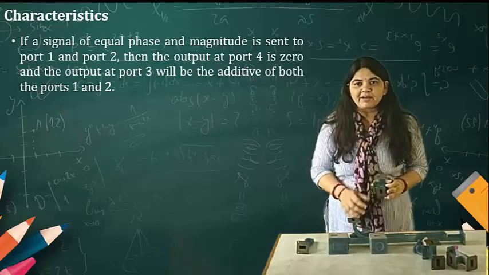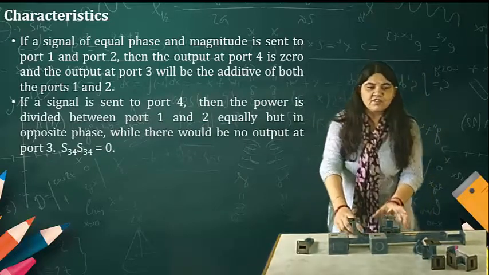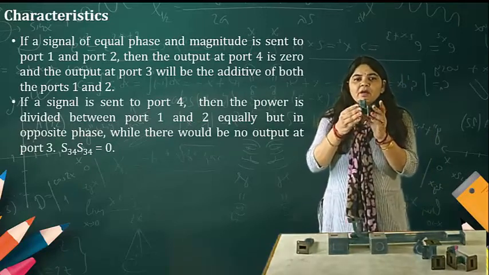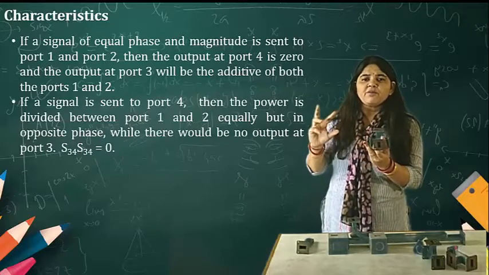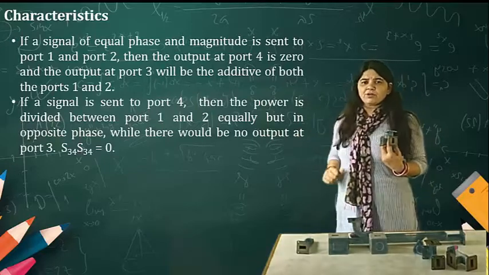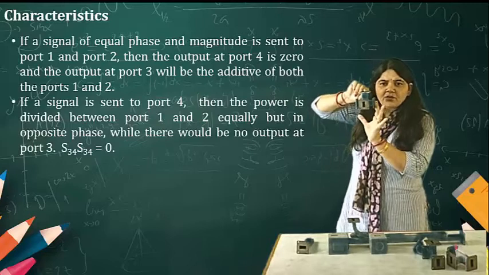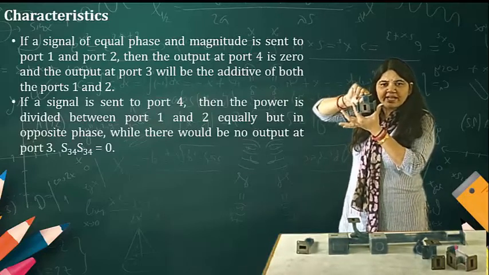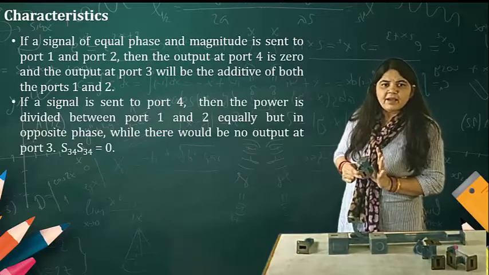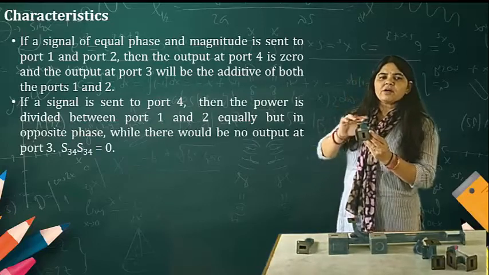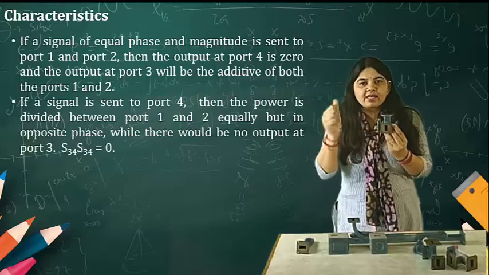If a signal is sent to port number 4, the power is divided. In the H plane T, if you apply the input from the H arm with equal phase and the same magnitude, you get output at port 1 and port 2. Here the output is additive from the H plane T. If the signal is sent to port number 4, the power is divided equally between port number 1 and port number 2, but in opposite phase, and there is no output at port 3.